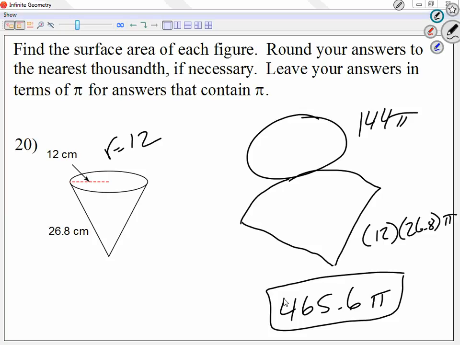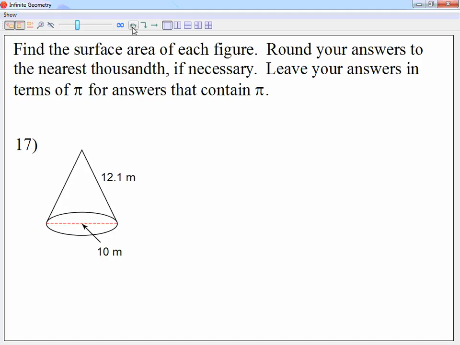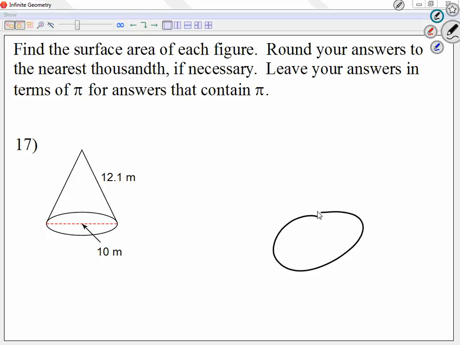All right. Any questions? Which one? 17? All right. The base is a circle. So I know I have a circle. And remember, my radius is 5.